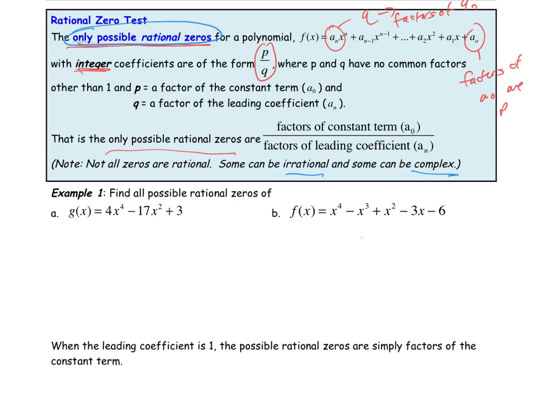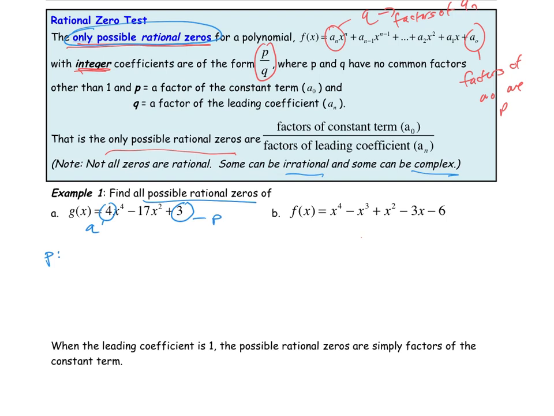In example 1, we are going to list all possible rational zeros using the rational zeros test. The test tells us that the possible rational zeros are of the form p over q, where p are factors of the constant term and q are factors of the leading coefficient.